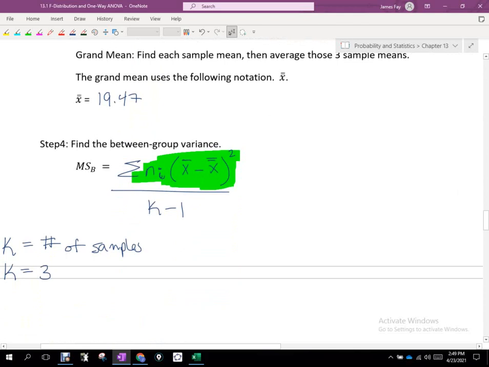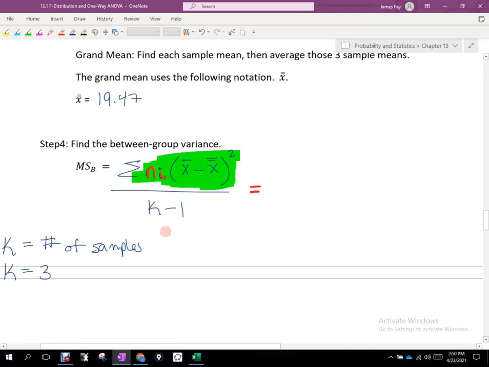In this formula, we've got the need for K. K is used in the degrees of freedom, and K is your number of samples. So we had 3 samples that we were looking at. When we say that we have the sum of n sub i, n is your sample size.